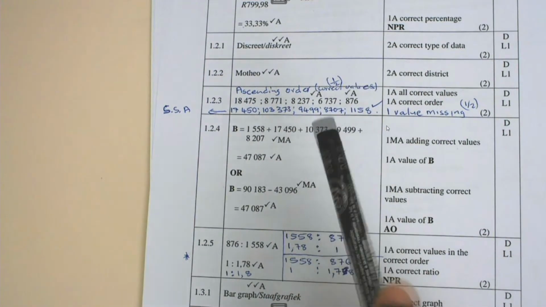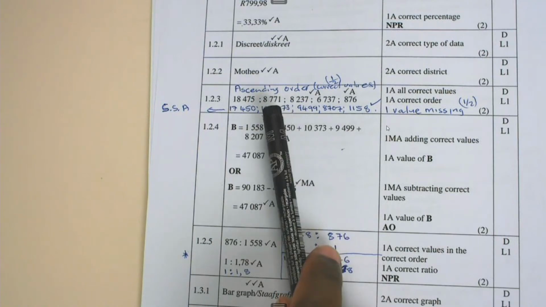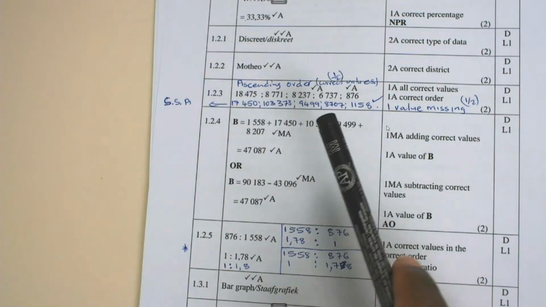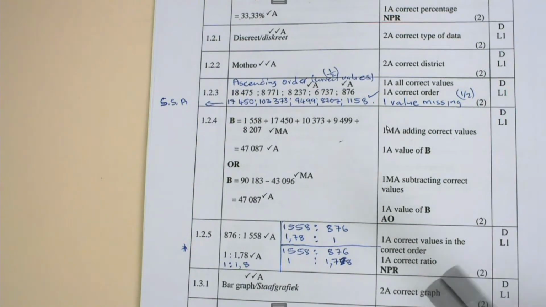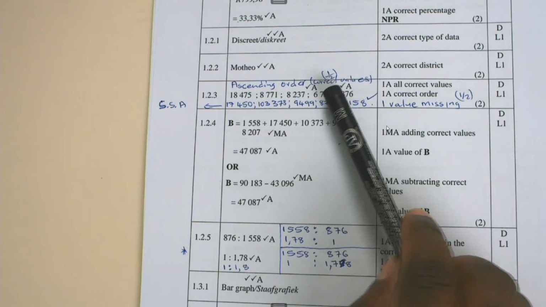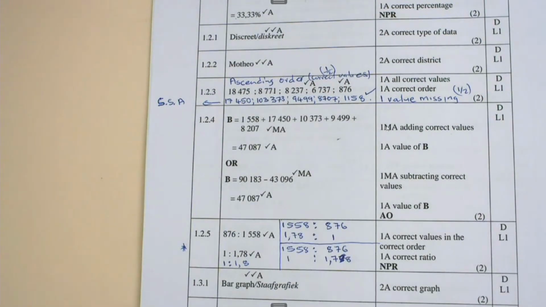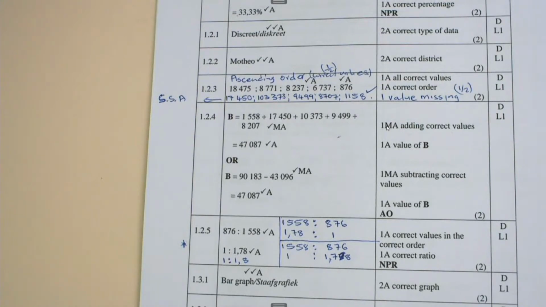Now, if learners write it in ascending order, the learner will get 1 mark for correct values, because the order will not be correct. Learners will get 1 out of 2.